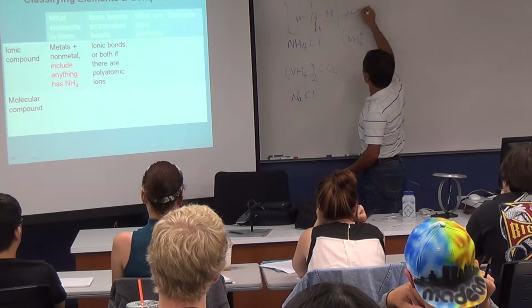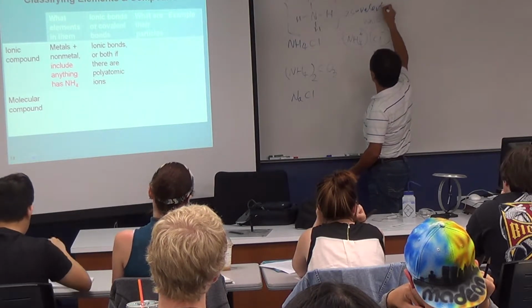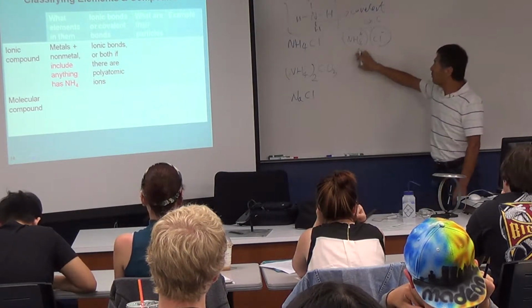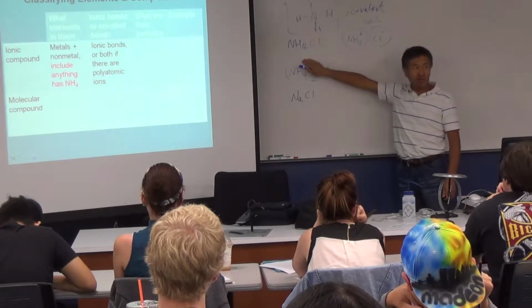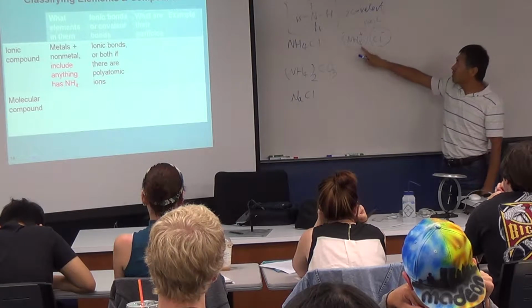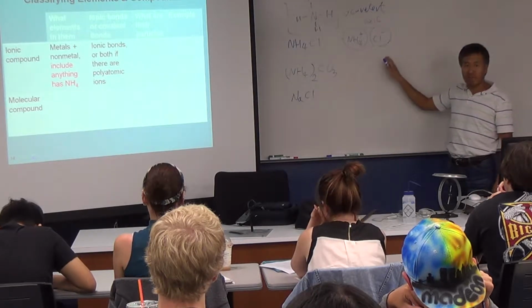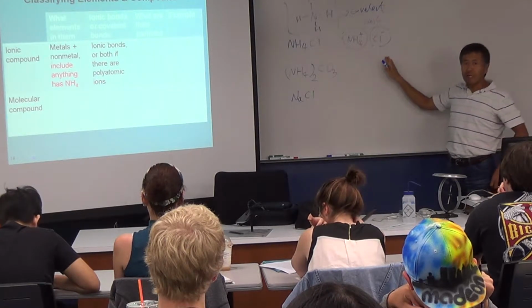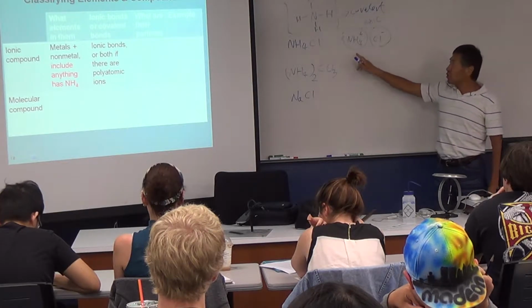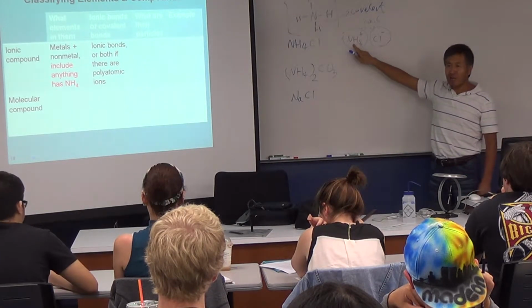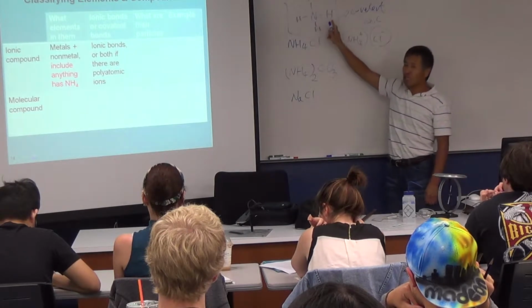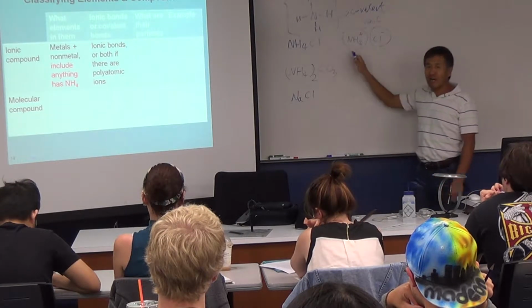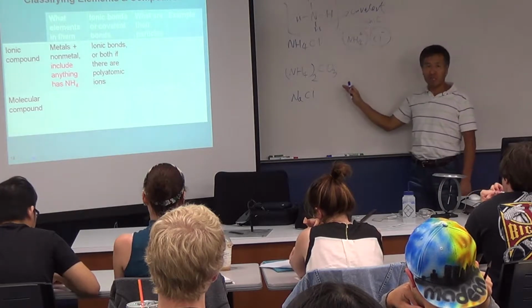Alright, so this is our covalent bond. Okay? So therefore, overall, in this type of compound, you have the ionic bond between the ions, and then in detail, between the atoms in this ion, between N and H in this ion, is a covalent bond.